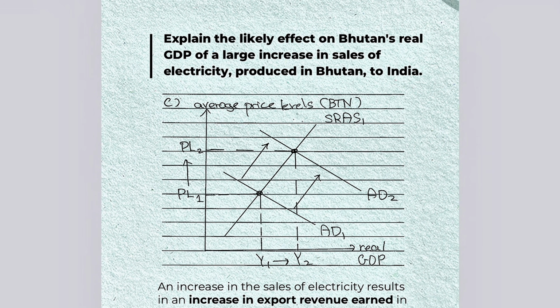They have also labeled the diagram PL1 to PL2 and an increase in real GDP from Y1 to Y2. You can see in this diagram that all of the numbers match, and there are arrows to illustrate the direction of the shift. As this diagram is perfectly labeled and shifted correctly, that's 2 marks for the diagram marks.